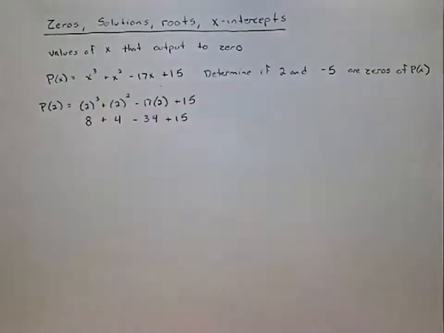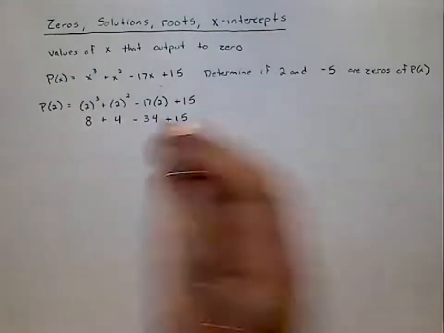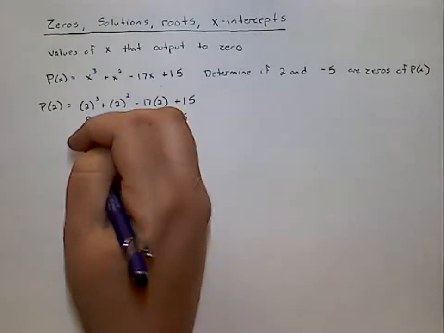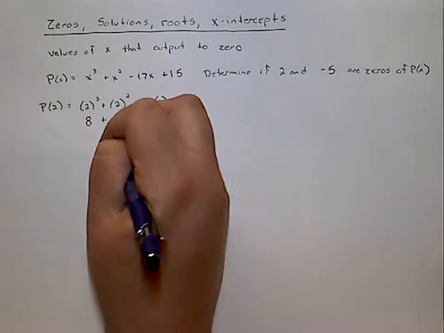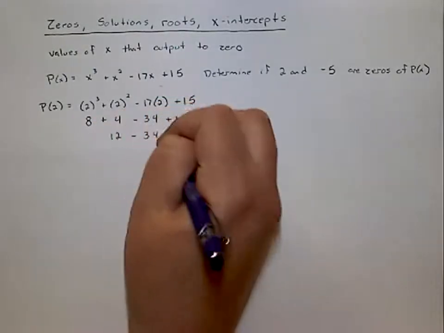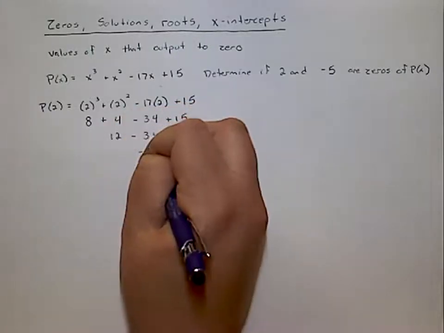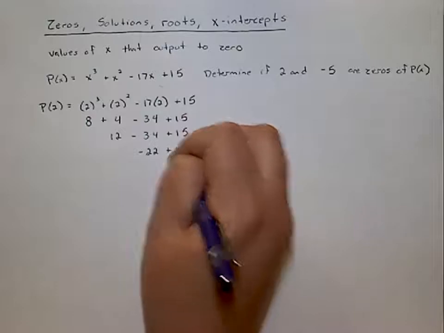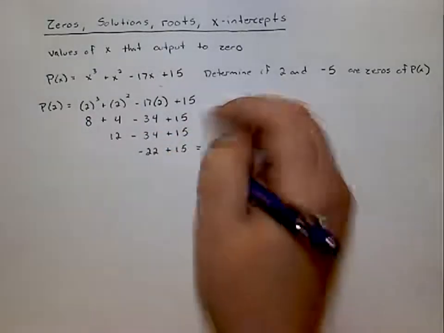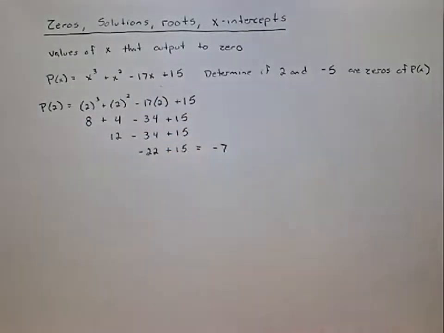I know I'm going out of order of operations a little bit, but it doesn't matter in this case. So 8 plus 4 is 12. 12 minus 34 plus 15. 12 minus 34 is negative 22, plus 15. Negative 22 plus 15 is negative 7.